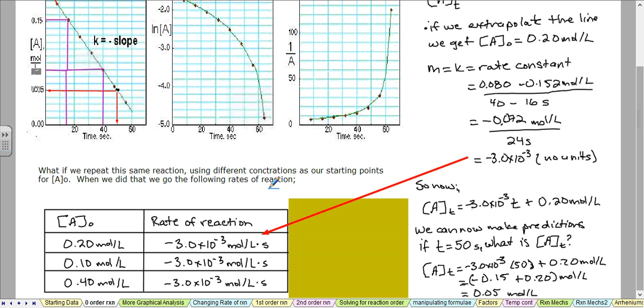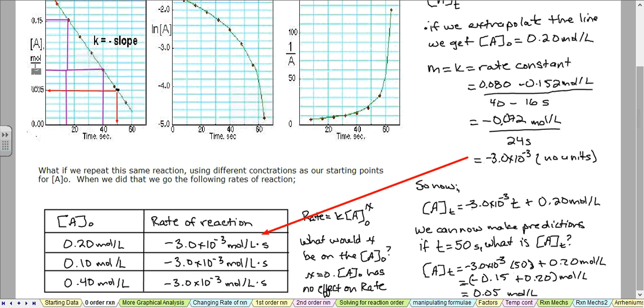And that's super important. That means we could put anything in here for our initial concentration of A, and our reactant A has no bearing on how quickly that reaction is going to take place. And as a chemist, that's super important to know what reactants are affecting your reaction.